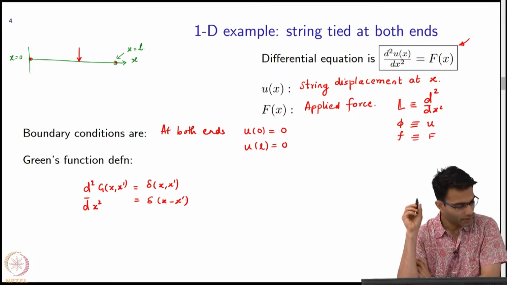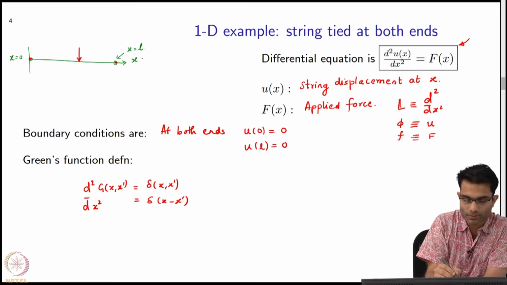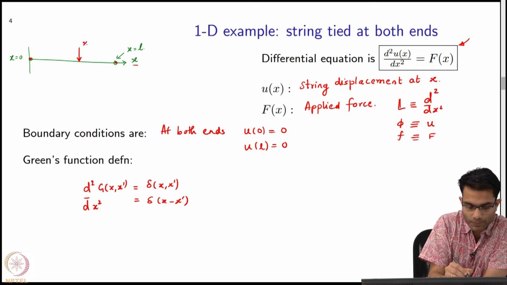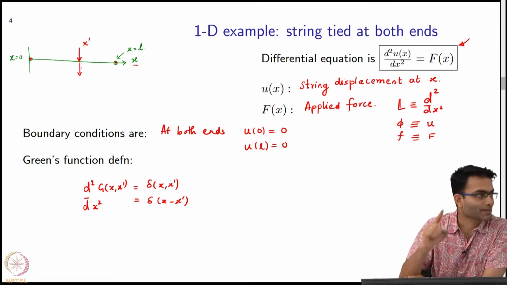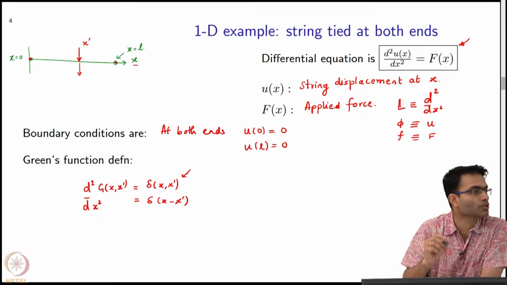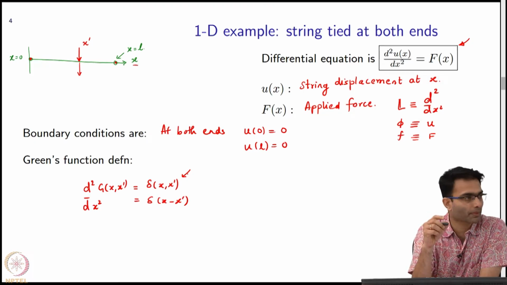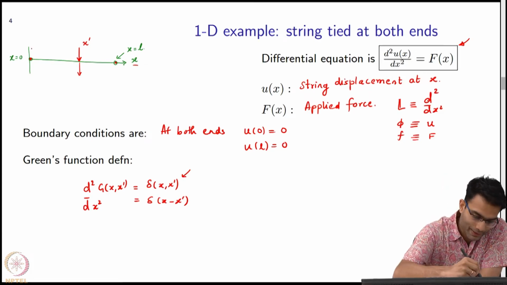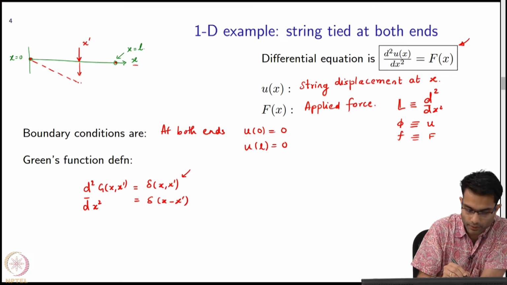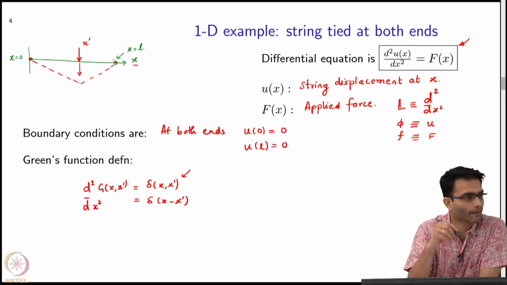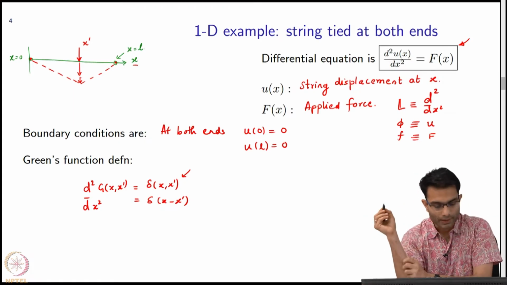What is the geometry of this physical problem? This is my x axis, and at some point x prime over here, I have applied a force. It is at a single point, remember the right hand side is non-zero at only one point, it is a delta function. So, at x equal to x prime I have applied some force. So, it is like this, that the string has now become bent, due to the application of this force.